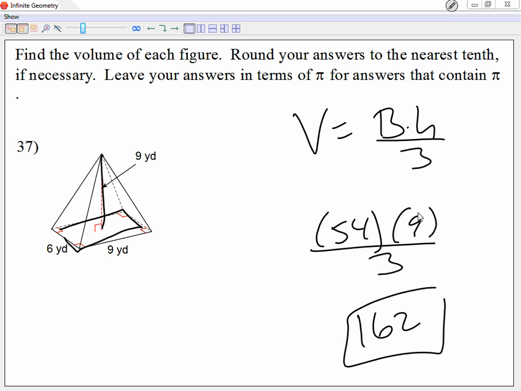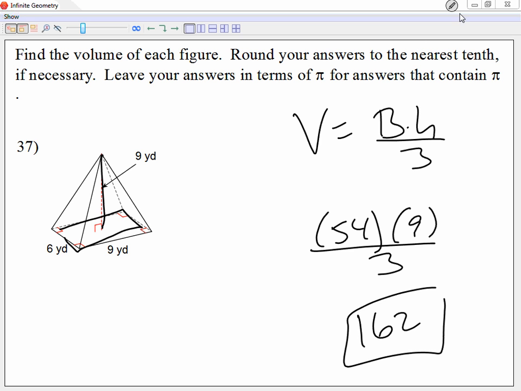Area of the base times height, so 54 times 9, and what you get, divided by 3, should be 162.